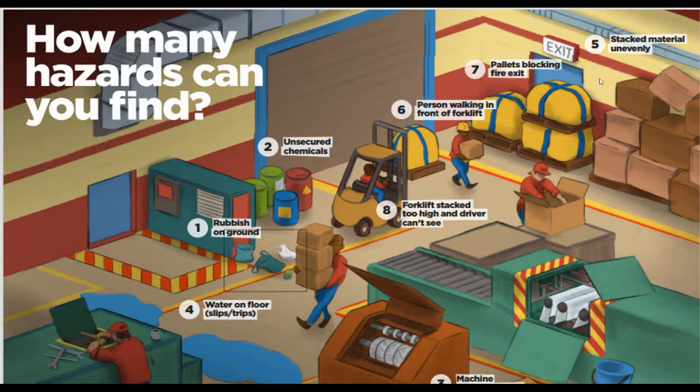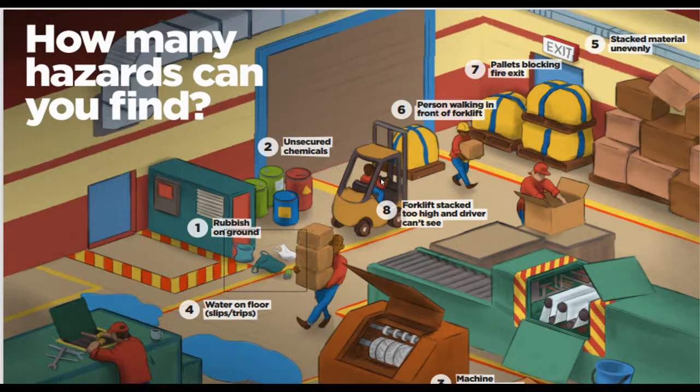Okay, number 5, material stacked unevenly, not stacked properly. The hazard is that this material might fall down and cause another injury, harm to other people. And then number 6, person walking in front of a forklift. This has a blind spot.